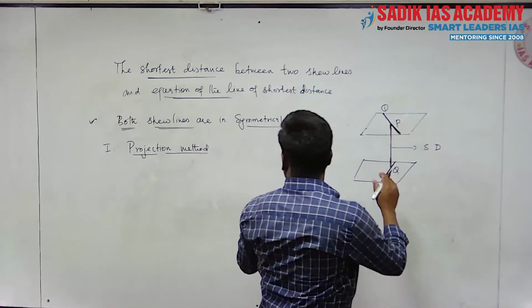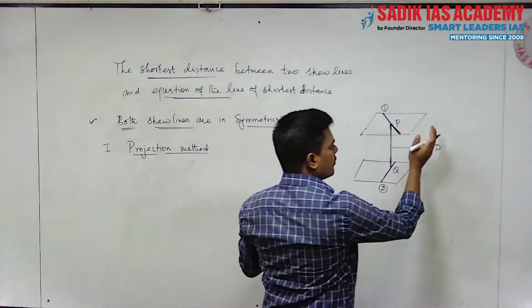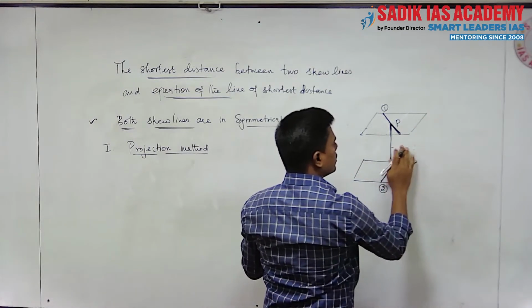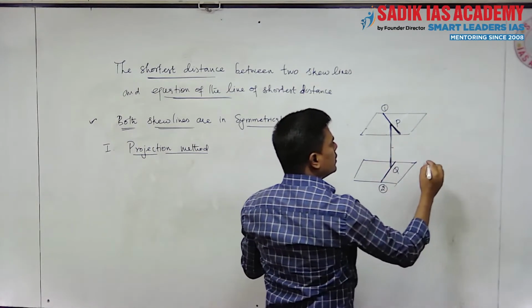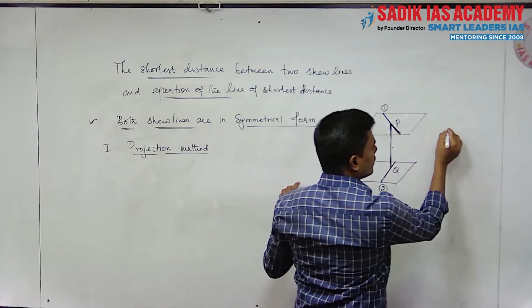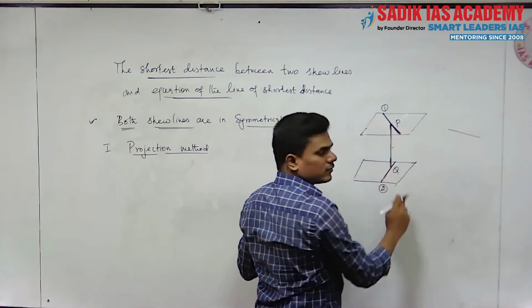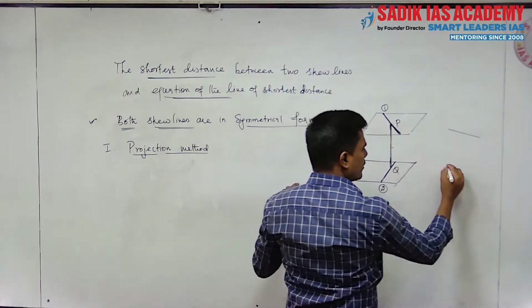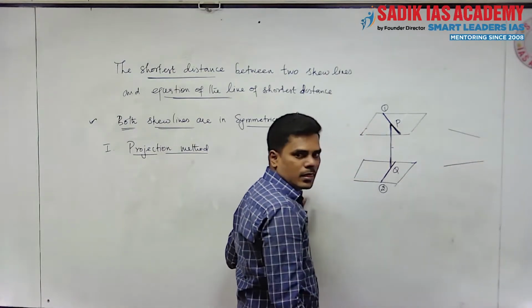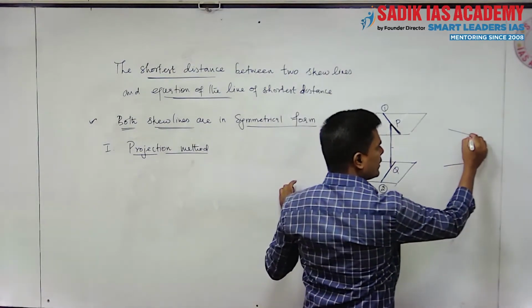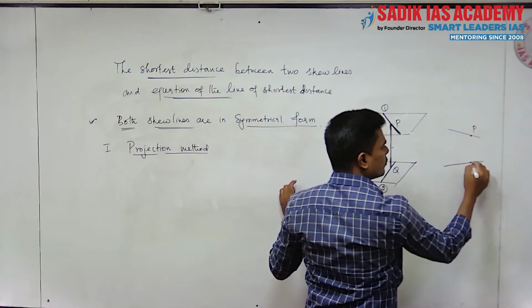See here, before writing anything, I will just explain what it is. This is the line I draw like this, and this line I draw like this. Suppose this is the shortest distance PQ.